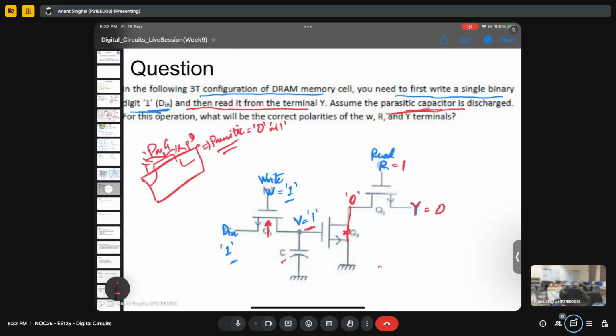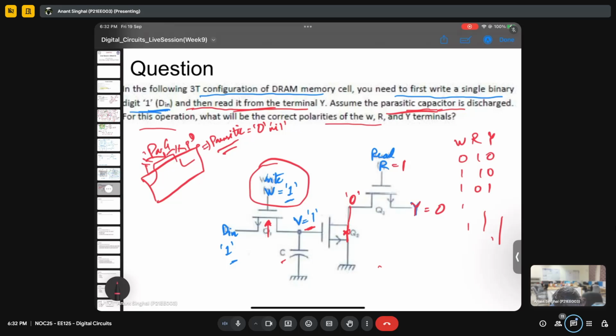The question says, for this operation, what will be the correct polarities of W, R and Y? Say I give you options like 0, 1, 0, or 1, 1, 0, or 1, 0, 1. For the first operation, you need to write, so W is actually 1.